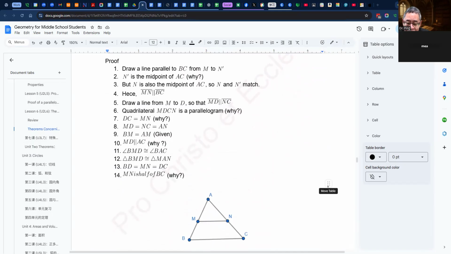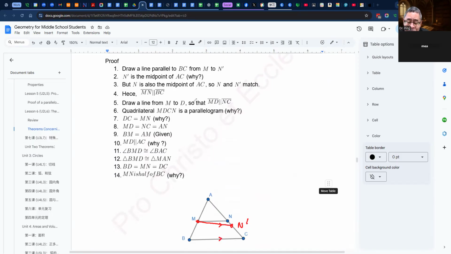First of all, we're going to draw a line parallel to BC from M to N prime, assuming that MN is not parallel to BC. So we draw a line here, N prime, which is parallel to BC.